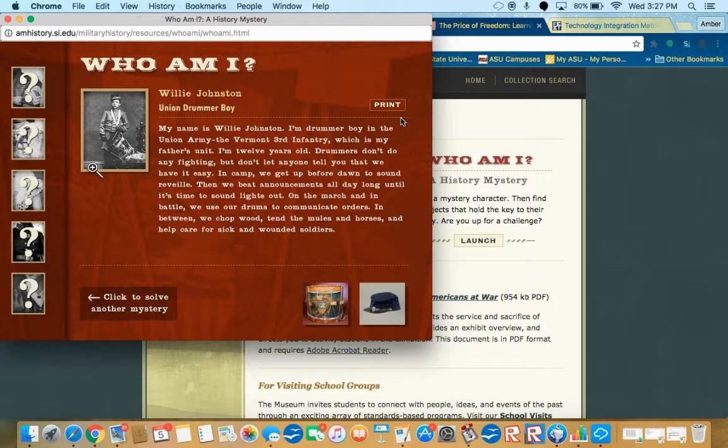So one of the ideas that I had is we could do an extension to this activity and have the students work together in groups to create a PowerPoint presentation about their character, because it gives us a lot of information along the way.